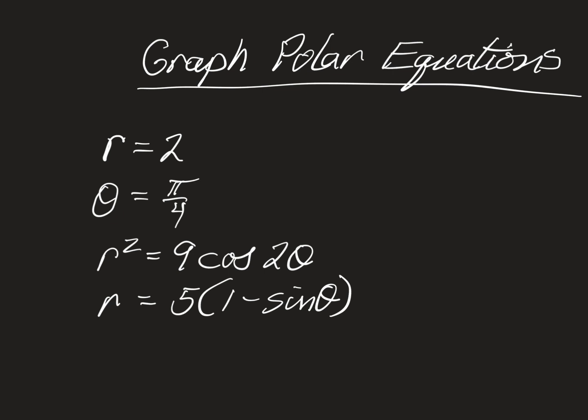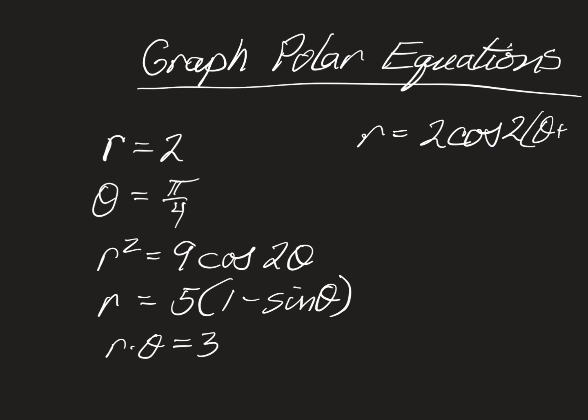R times theta equals 3. Here's another one: r equals 2 cosine of 2 theta plus pi over 3.